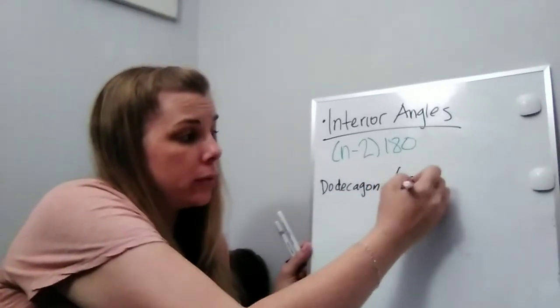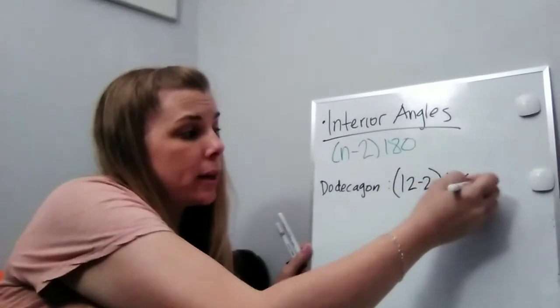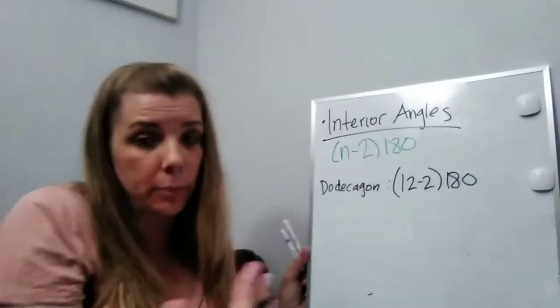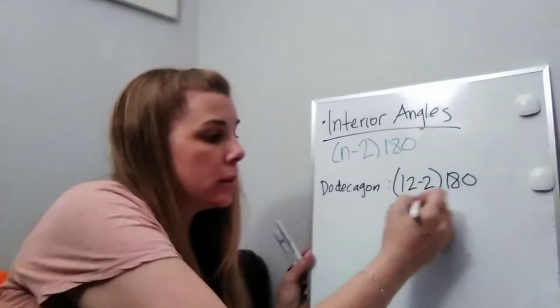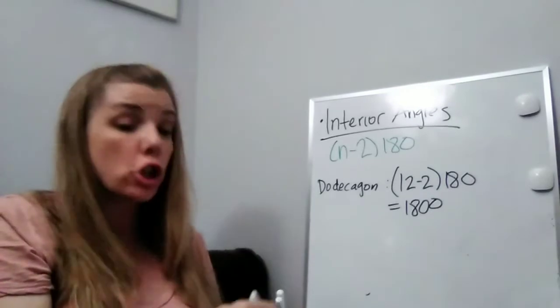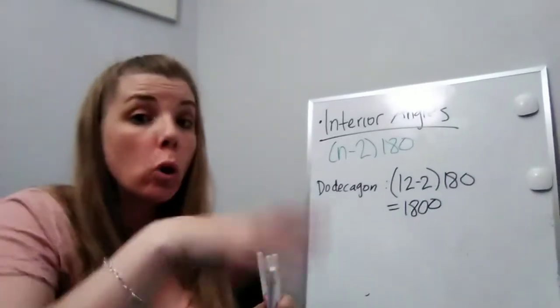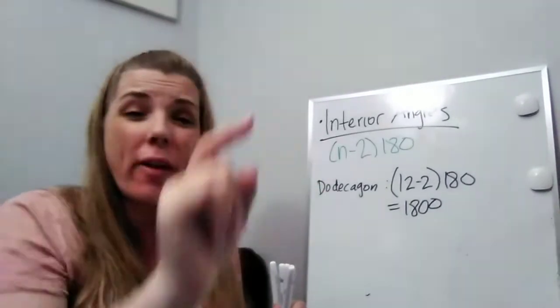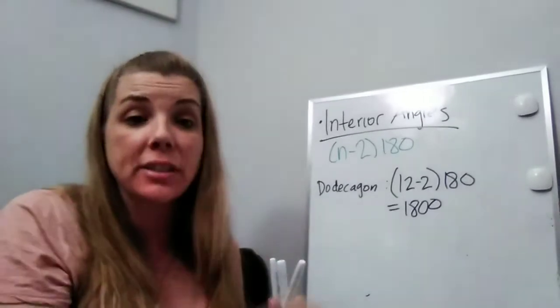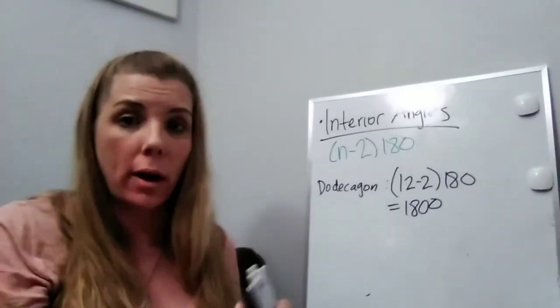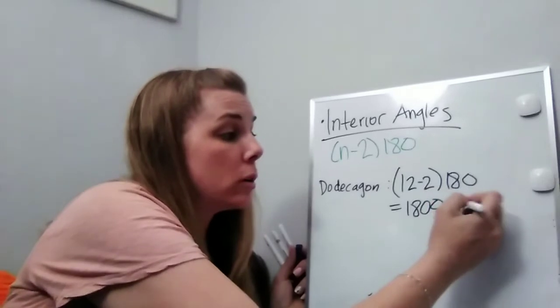It's 12 minus 2 times 180. 12 minus 2 is 10 times 180, 1800. Okay, that's the total. The total in a dodecagon, all the angles added up together have to equal 1800 no matter what.